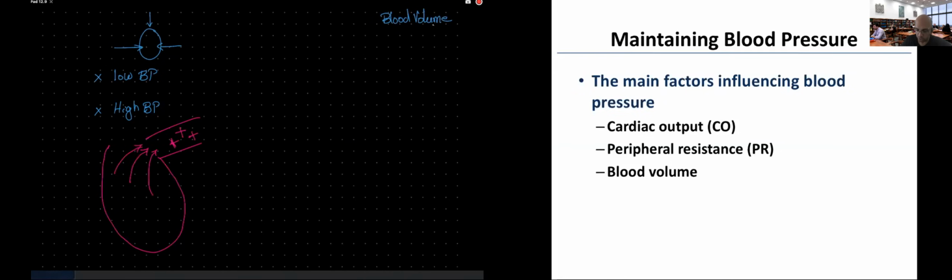So the heart needs to overcome the blood pressure in the systemic arteries in order for the new blood that gets ejected to travel through those arteries.